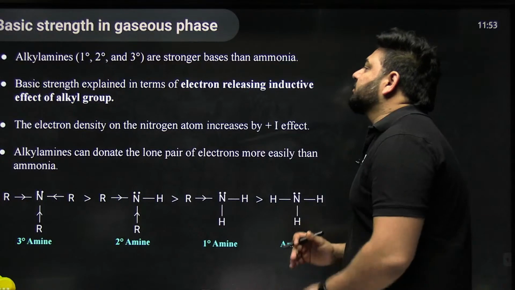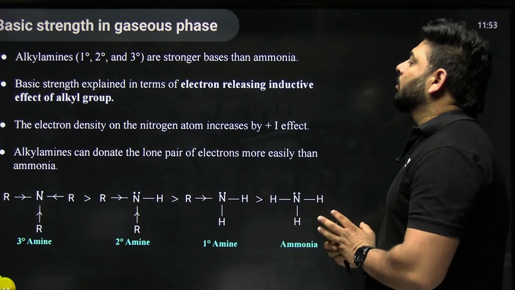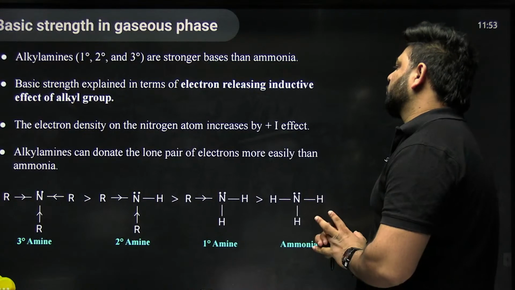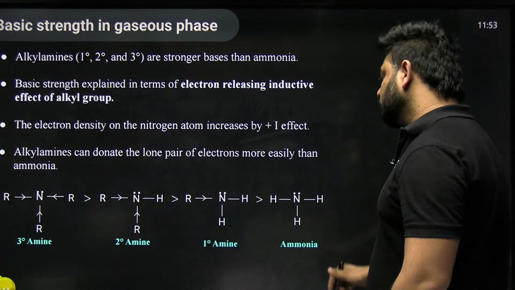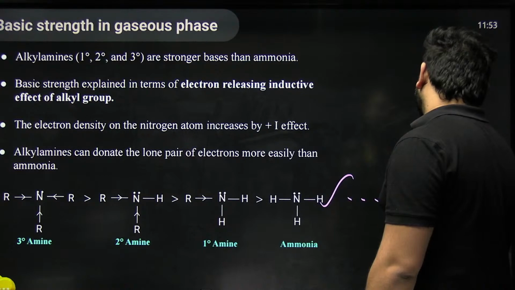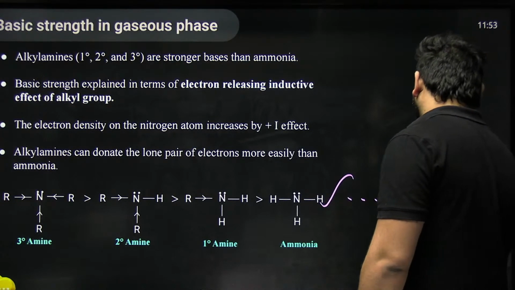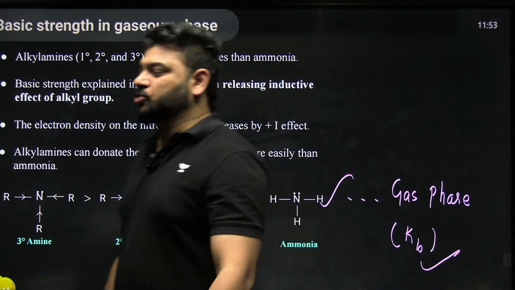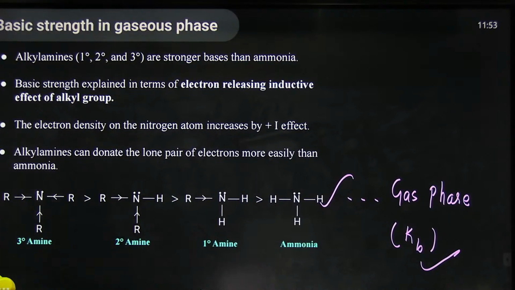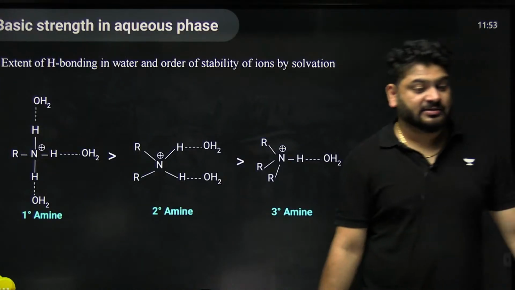Aliphatic amines are stronger bases than ammonia, and the basic strength should be what? 3 degree, 2 degree, 1 degree, and this happens in the gas phase. This is the order of Kb, the dissociation constant of a weak base. The basic strength is directly proportional to Kb, and Kb increases as the degree increases.